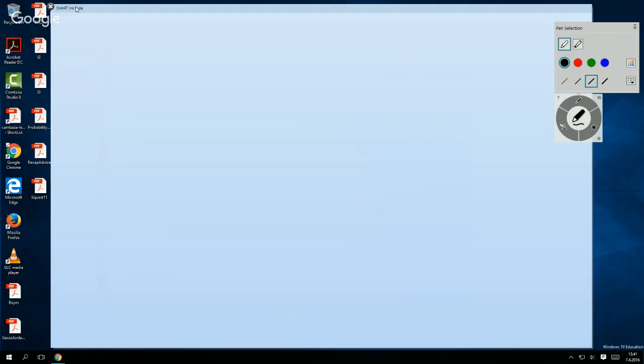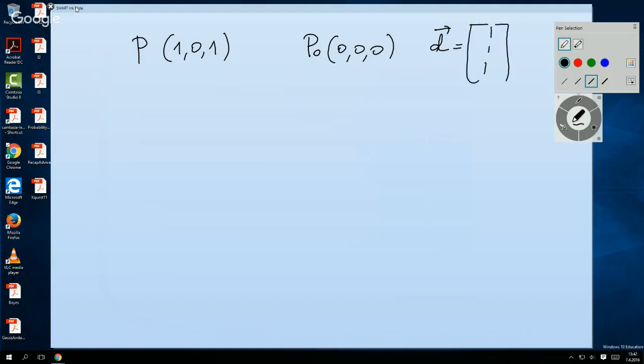Find the shortest distance from the point P(1, 0, 1) to the line that goes through the point P0, which is conveniently the origin, and has direction vector D, which is (1, 1, 1), just to keep the calculations as heavy as possible.